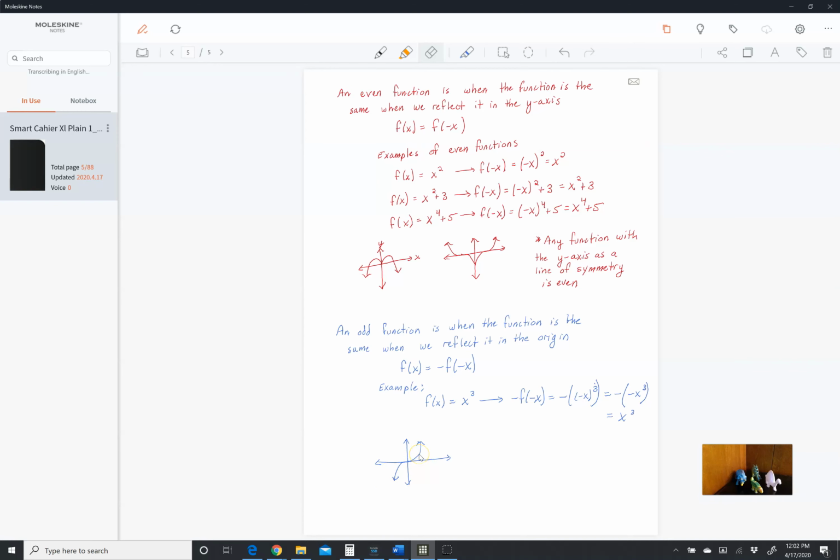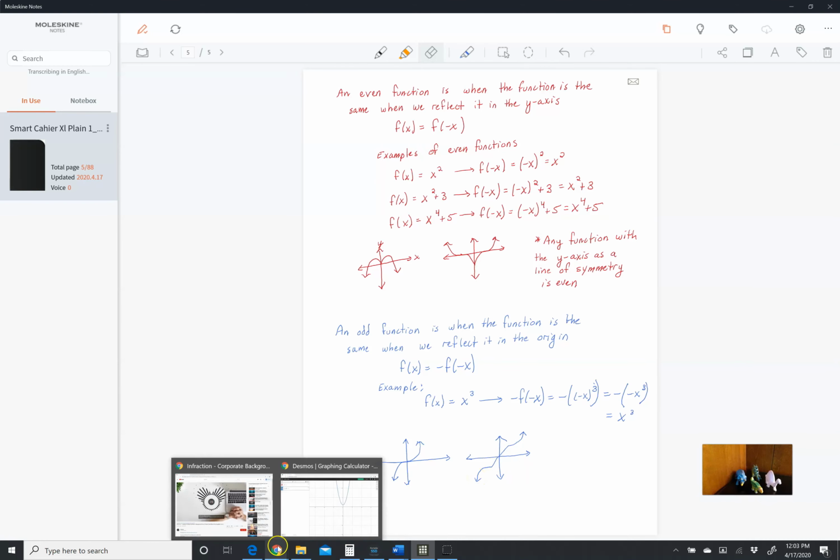Okay, think about it as if we reflect this in the x and then we reflect it in the y, it's going to look exactly the same. Okay, let's see if I can try and do one more. This would be another example. If we reflect it in the x and then we reflect it in the y, it looks the same.